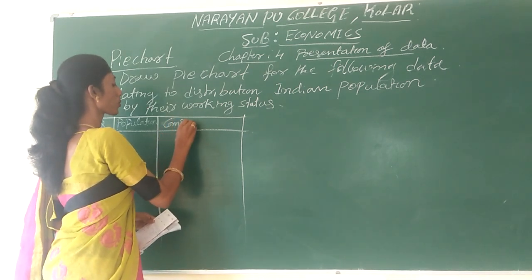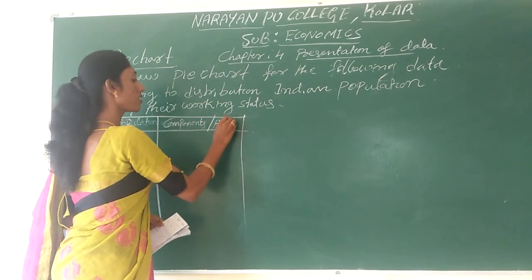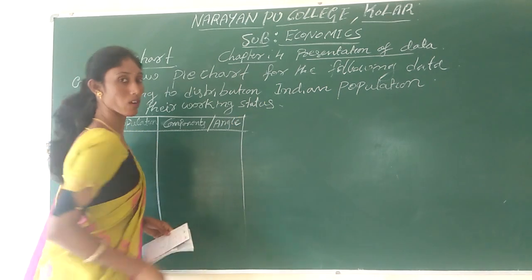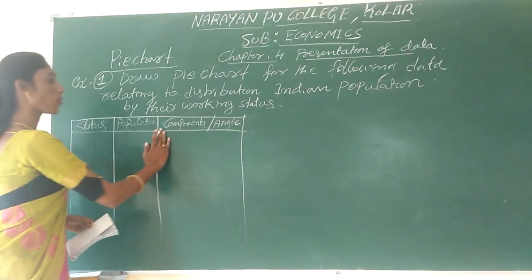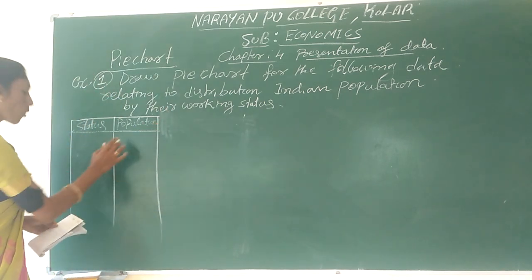Components, or we can also call it the angle size. Here they won't give this column, they will give only the data in these two columns.